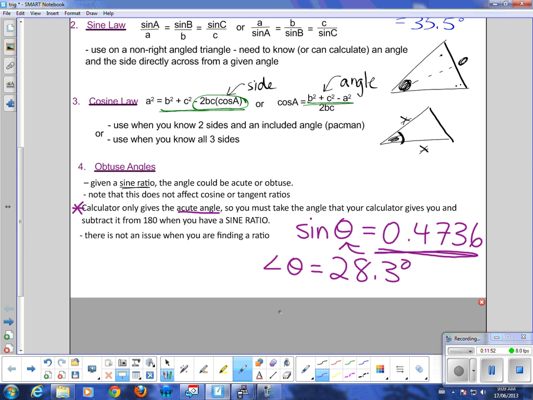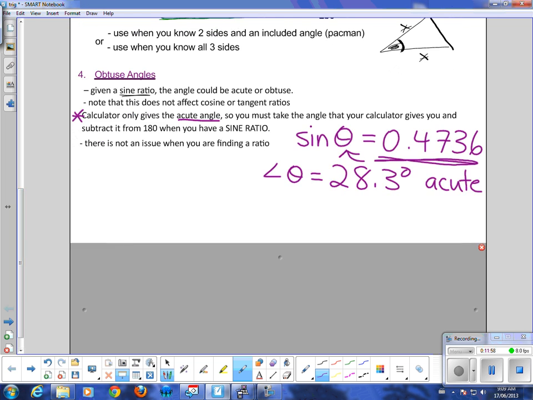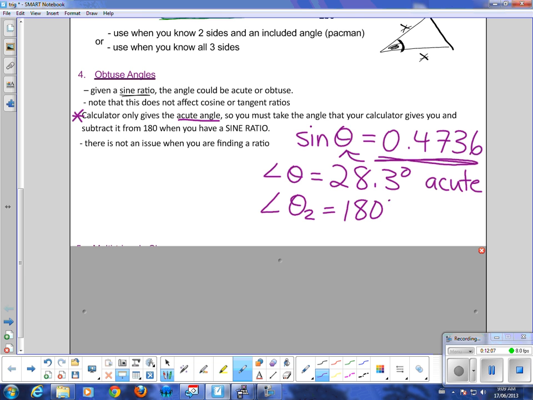Now that's acute, but as I said, the problem is with sine when we're talking about obtuse, or the possibility of obtuse. So I have another angle, we can call it angle 2 if you would like, and the way I calculate it is 180 degrees minus the 28.3 degrees.